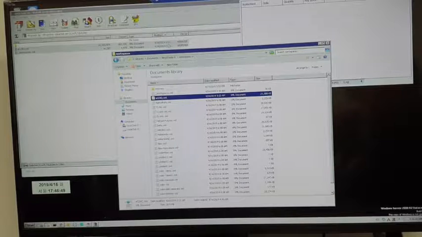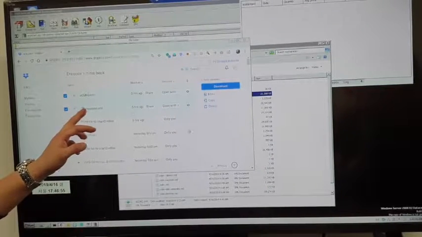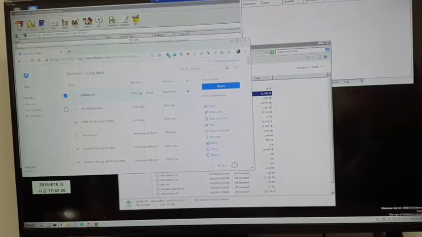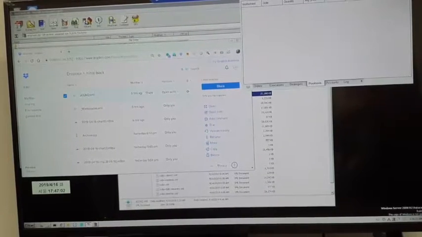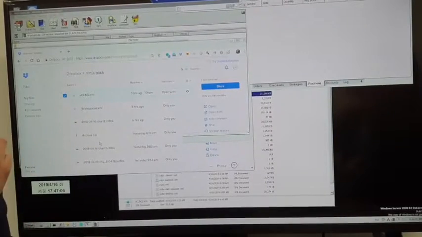Let me make sure that's the one I was looking at 5 hours ago. Yeah, that's the one. I think this one has more signal plotted.